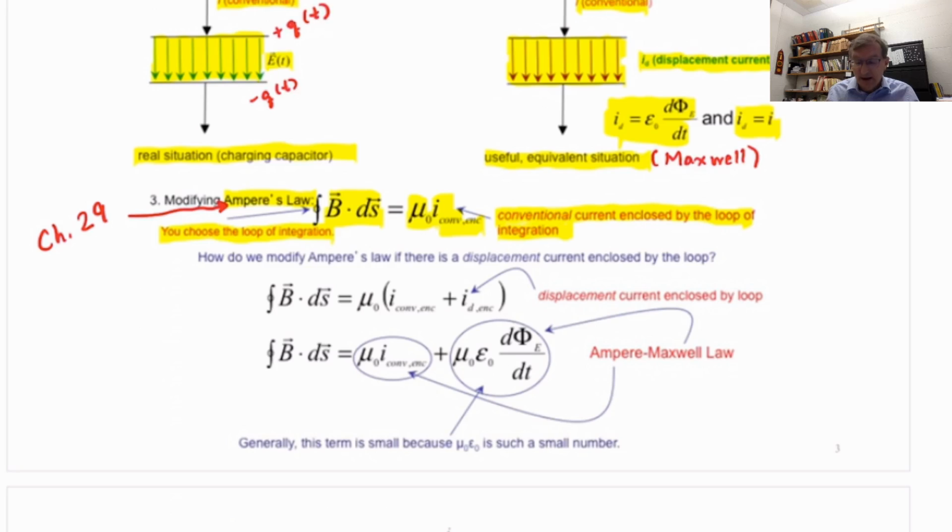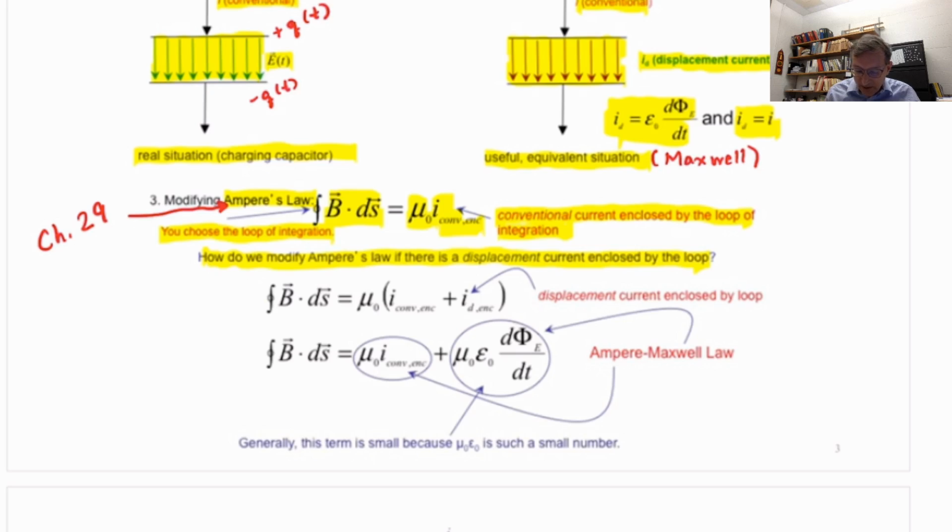And what Maxwell realized is, well, we have a new kind of current, displacement current, which is really just going to arise whenever you've got a changing electric flux through your loop. But what Maxwell argued is, just like conventional current produces magnetic field, displacement current can produce magnetic field. And so all you have to do to get the correct new version of Ampere's law is include another term on the right-hand side.